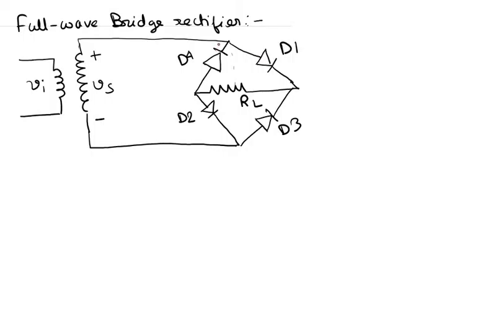So current would actually be flowing through this D1 and then through this load resistor RL and then through D2 and into this circuit here. Okay, note that current cannot flow through D3 from this point, because current cannot flow through D3 in the reverse direction.